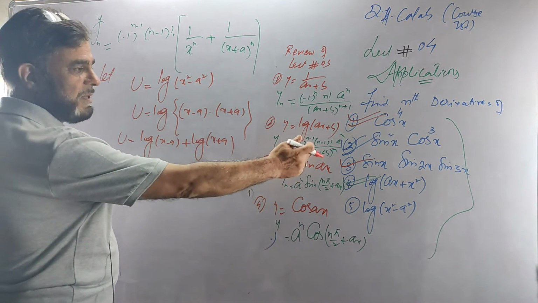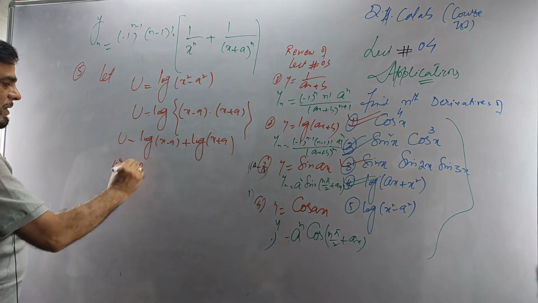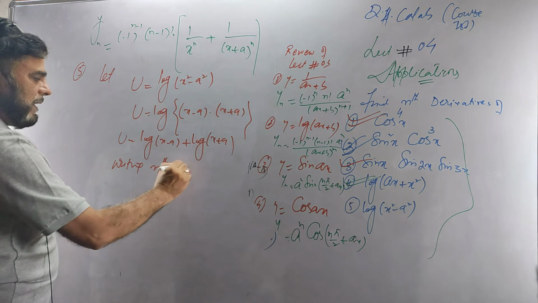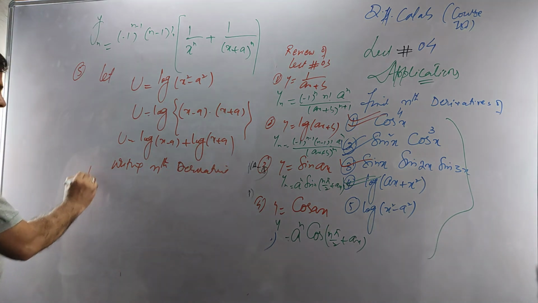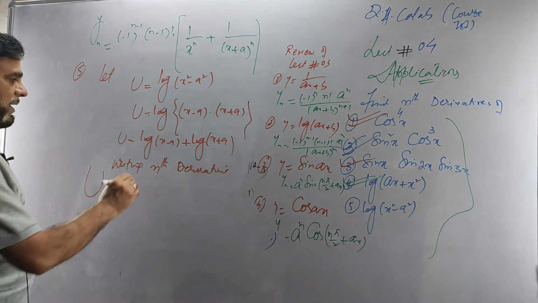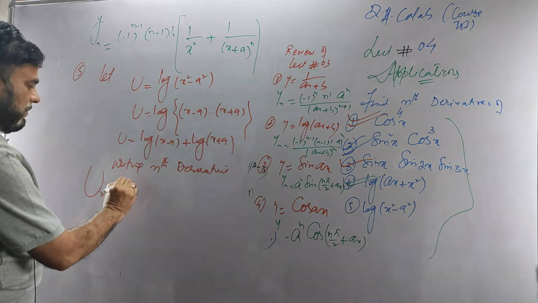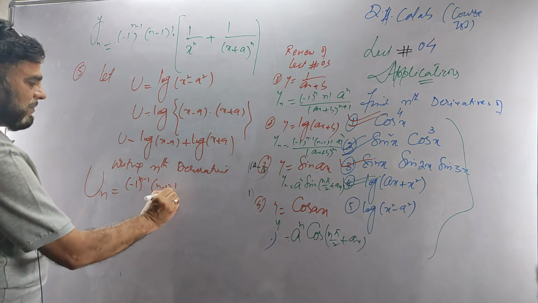Again we use this formula for the nth derivative. What is the nth derivative now? It is un. According to this, it is minus 1 raised to power n minus 1 factorial.